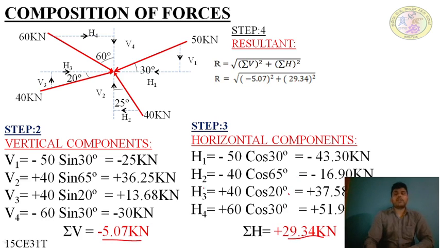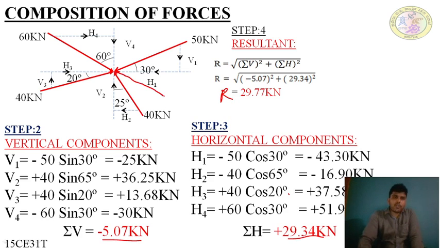Substitute that in the formula and we will get the resultant. Resultant is 29.77 kilonewton. It lies in the fourth quadrant, in this direction.